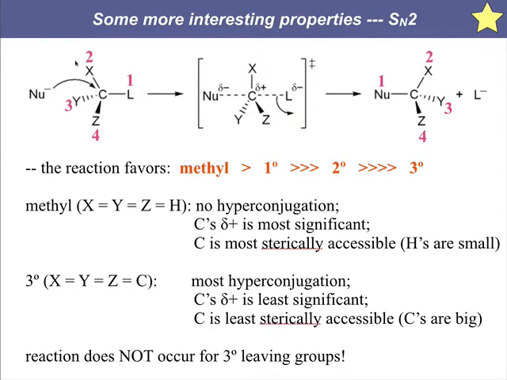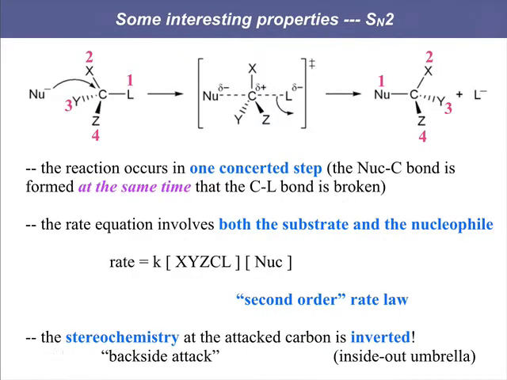So if we have this ranking here, we add the nucleophile, these groups flatten out, and then they pop the other direction. Now, if the nucleophile is the highest group, and I'm telling you it almost always will be, look what happens to our stereochemistry. Going from 1 to 2 to 3 to 4 is counterclockwise. In our product, going 1 to 2 to 3 to 4 is clockwise. So we have inverted the stereochemistry. Backside attack causes that, and we get that inside out umbrella. The umbrella pops inside out.